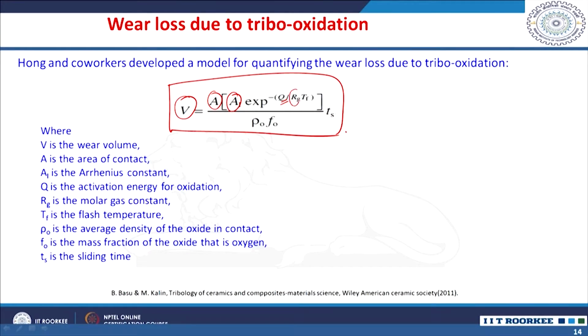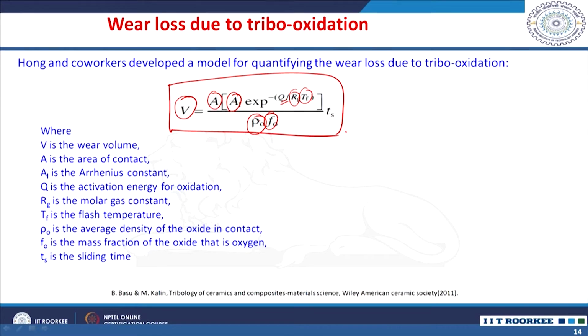R is the molar gas constant, Tf is the flash temperature in absolute scale, where rho 0 represents the density of the oxide in contact and F0 represents the mass fraction of the oxide, that is oxygen.